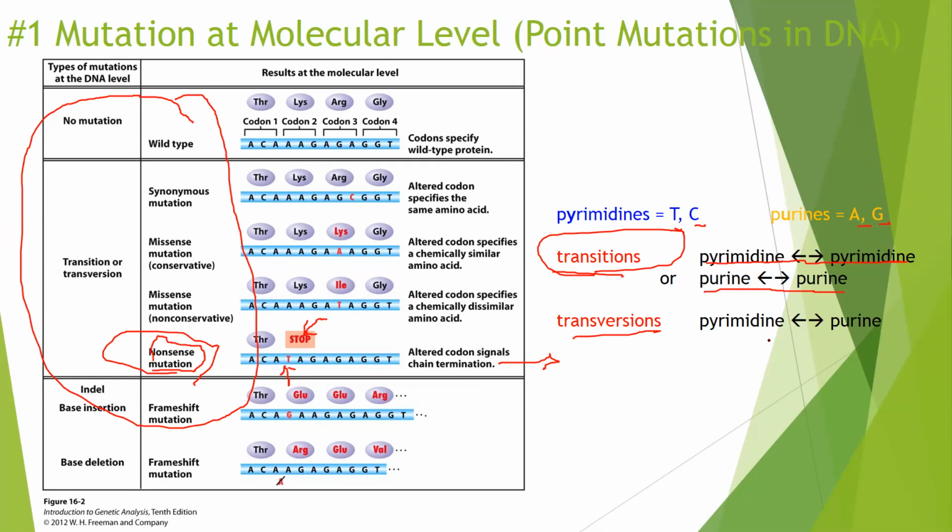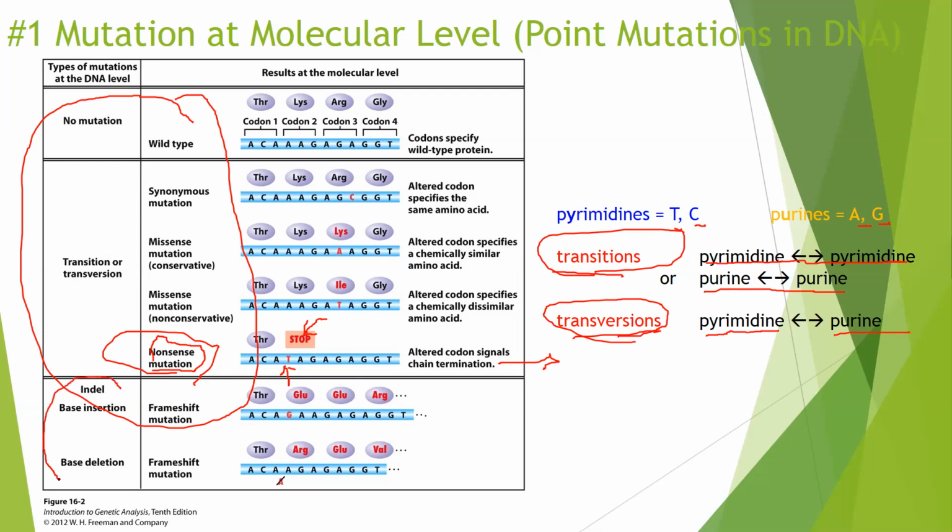However, if the mutation occurs between a pyrimidine and a purine, then this kind of mutation is called a transversion.